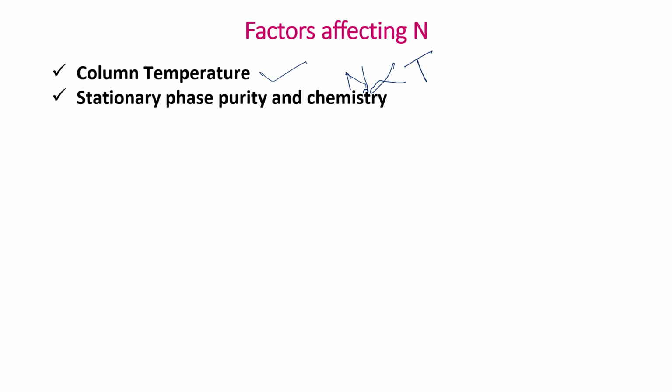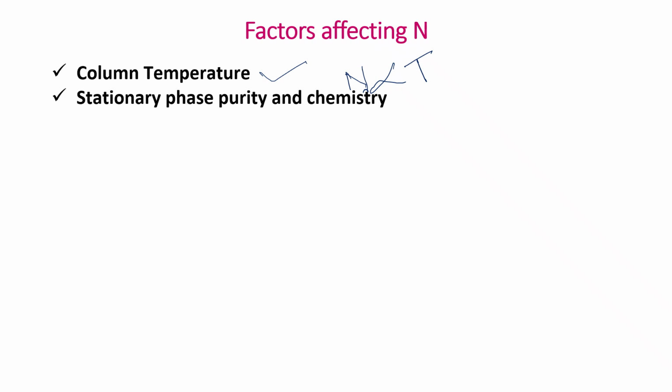When you are decreasing the particle size, in that case theoretical plate will increase. When you increase the particle size, in that case theoretical plate will decrease. In another word, theoretical plate is inversely proportional to the size of the stationary phase.